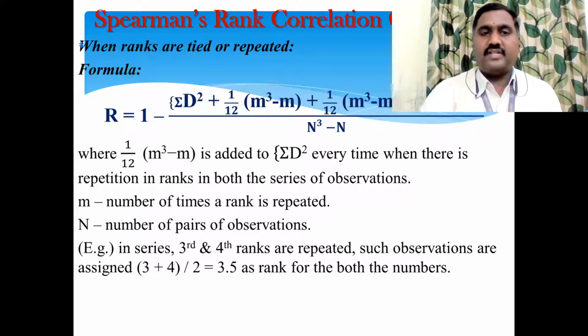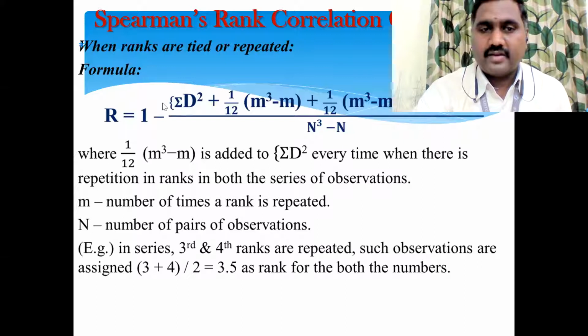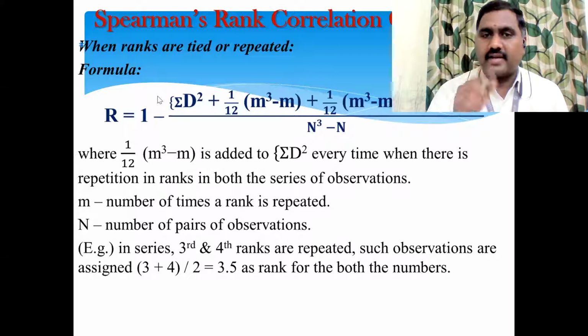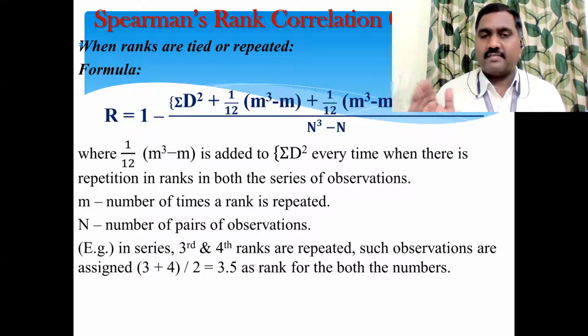Please make a note of it. The formula, just see the slide, guys. In the numerator, you have to put 6 into, before that flower bracket, put 6. There is a small mistake I made. So R equal to 1 minus 6 flower bracket summation d square plus 1 by 12 into m power 3 minus m plus 1 by 12 into m power 3 minus m plus so on, divided by n power 3 minus n.